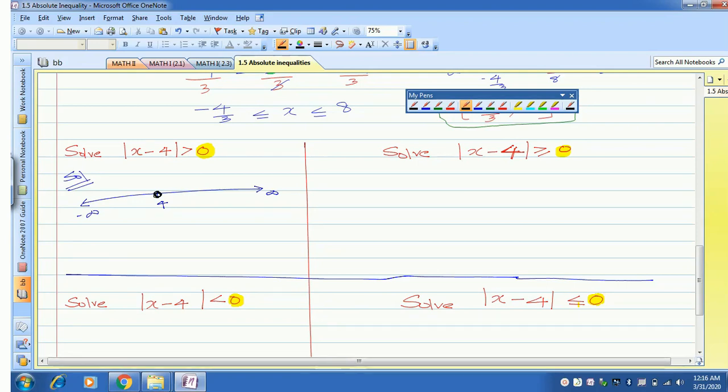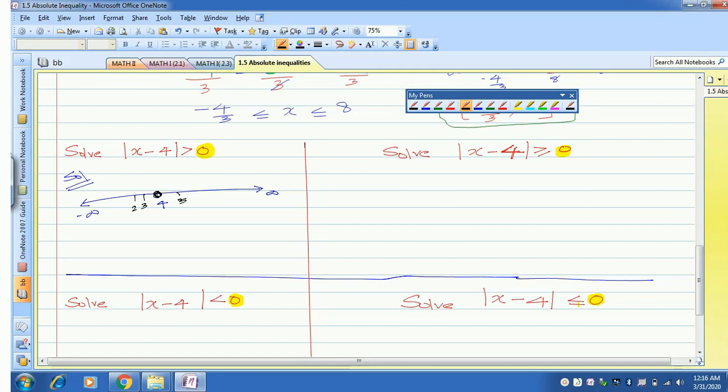If you put x minus 4 equal to 0, you will get x equal to 4. If I substitute 5, 3, 2, 1, every number is more than 0. But if you substitute 4, it becomes 0, and 0 is not included.